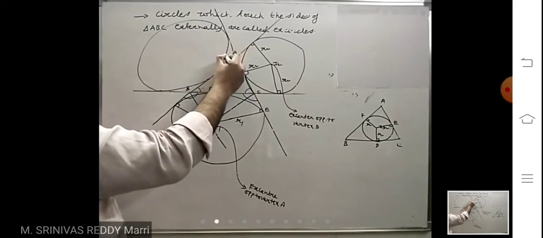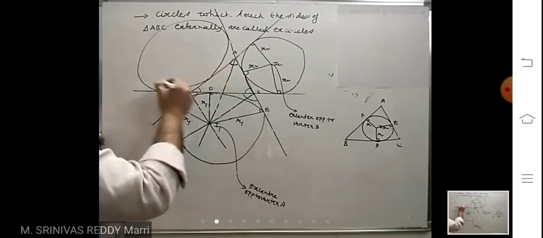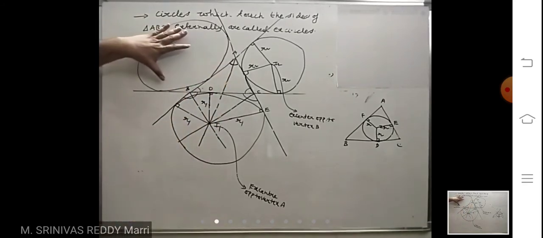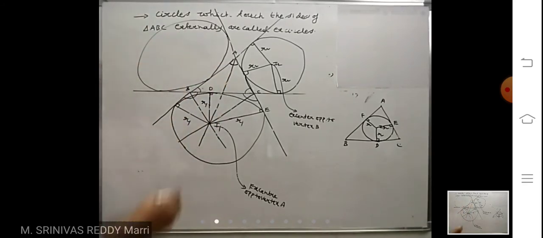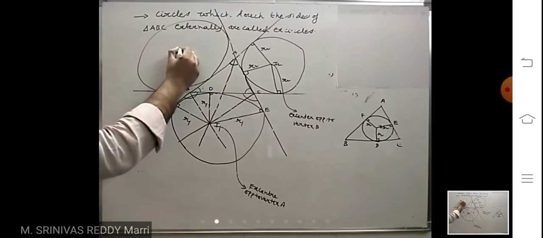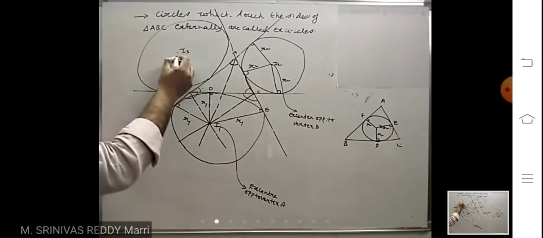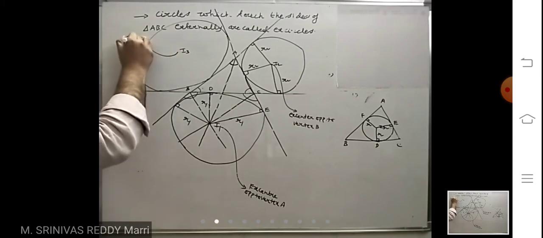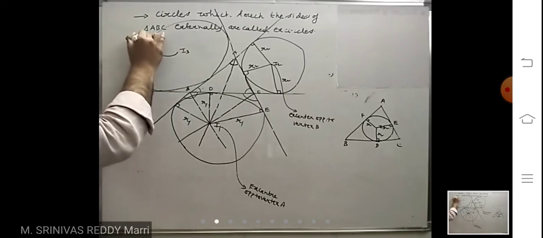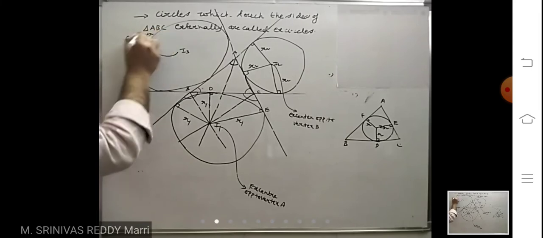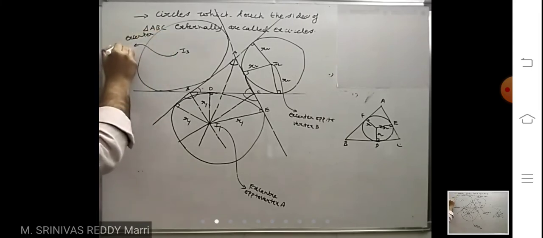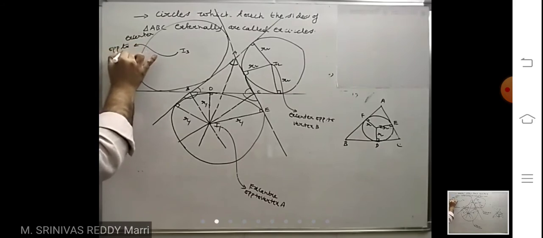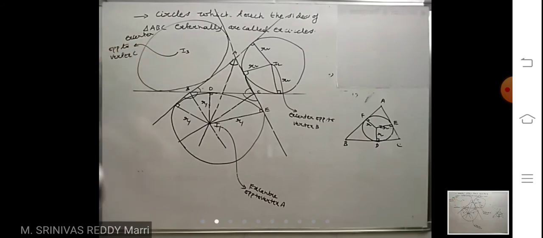This is the circle which touches all the sides, and its center is I3. This is called the excenter opposite to vertex C.